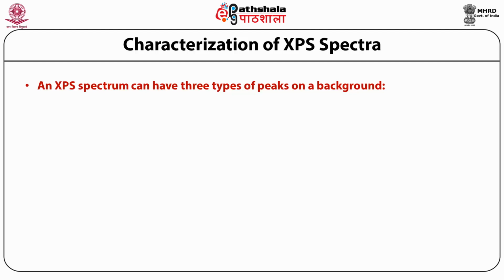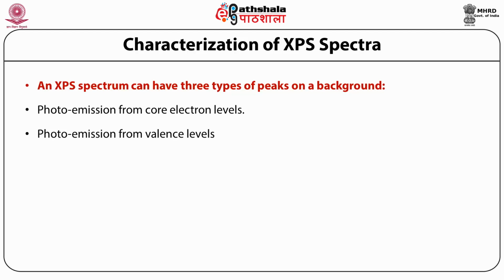The photoelectrons emitted by subshells of p, d and f are commonly marked with an additional fraction number, for example, copper 2p 3/2. The XPS spectra can have three types of peaks on a background: photoemission from core electron levels, photoemission from valence levels, and Auger emission excited by X-rays.